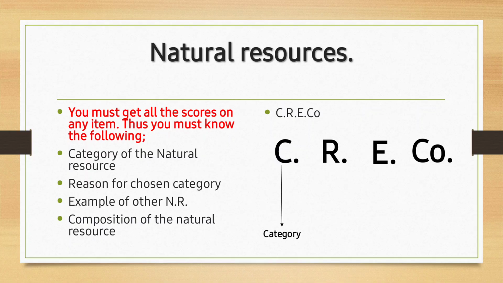Like we said, you must know the category of the natural resource. You must know the reason for the category. And then what is E? E represents the other examples of the natural resources. And then the CO, which is the composition of the natural resource.